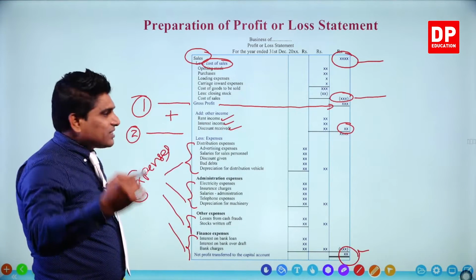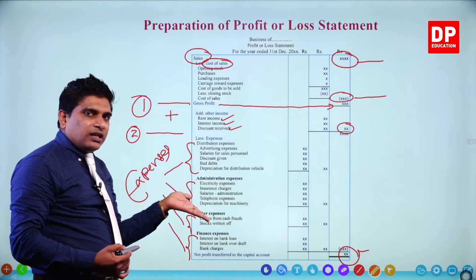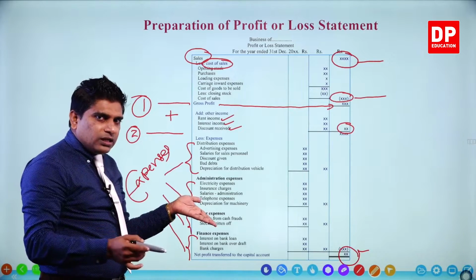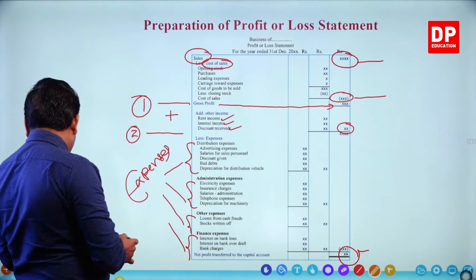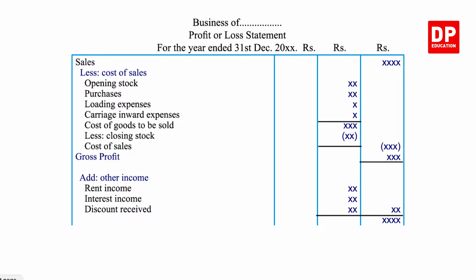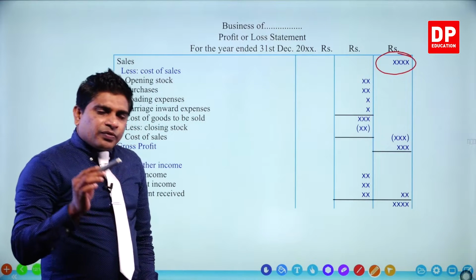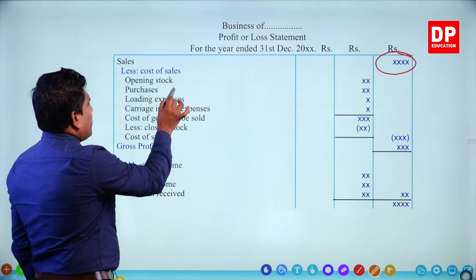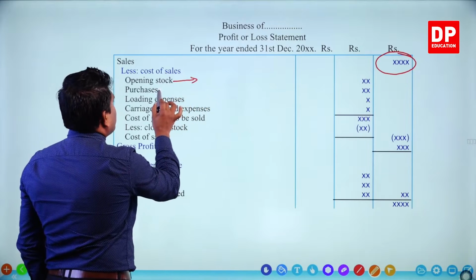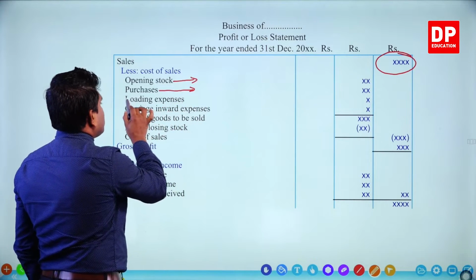Actually, you can't see everything clearly, so I move to the next slide. I explain partly all the details, right? Now here, first we record sales, right? Now sales goes to the corner. You can see it clearly. Then you know cost of sales. How to calculate cost of sales? Opening stock. Then purchase. And then purchase related expenses.